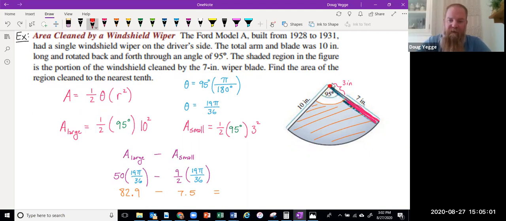And so we have to subtract off 7.5. And when we do so, that simply becomes 75.4. Now, always keep in mind, in application problems, we need units. Since this is an area and the length was in terms of inches, we know that this is going to be square inches. And there's our result.